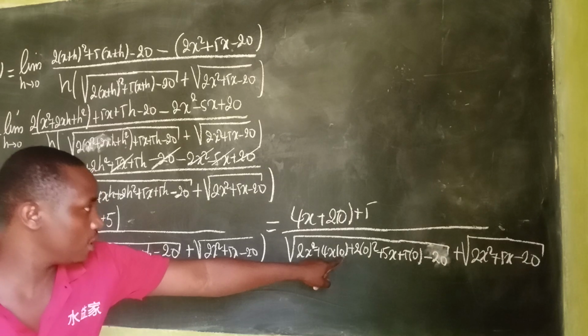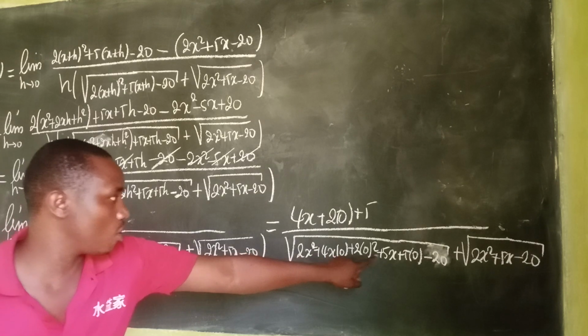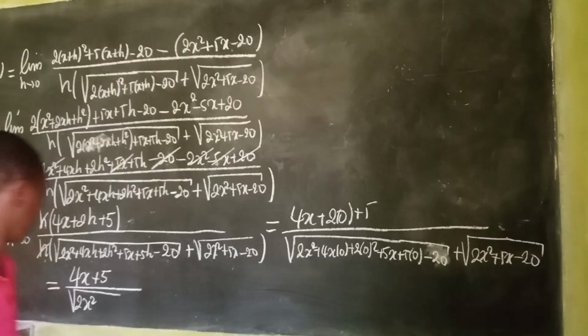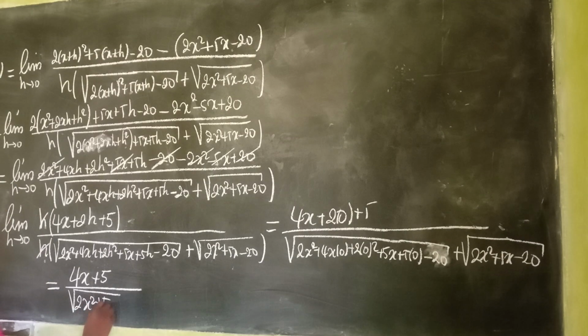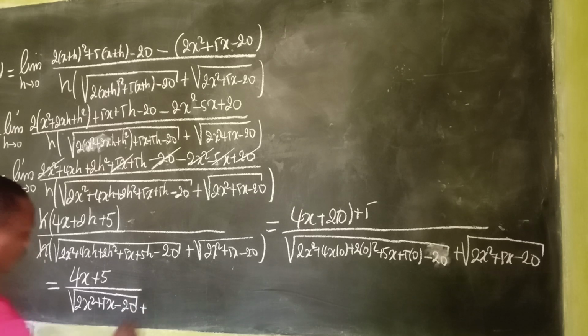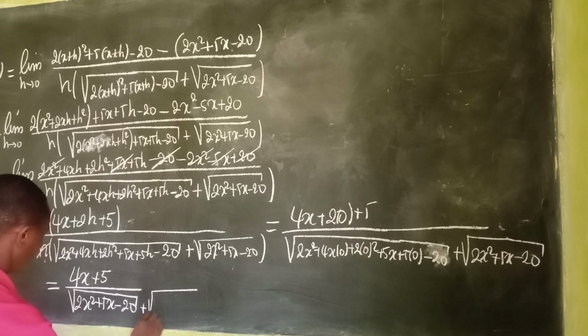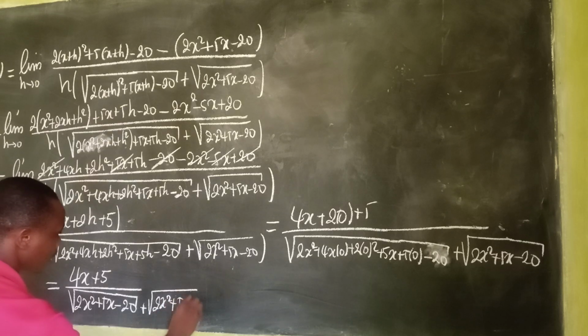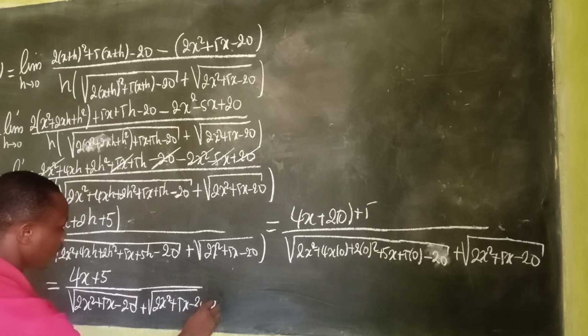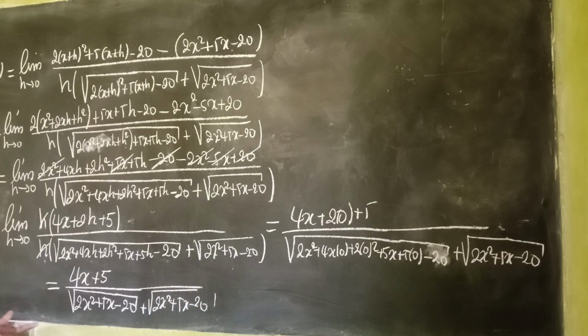This and this will be 0, this is 0, we add 5, plus 5x minus 20 plus the square root of 2x² + 5x − 20, and you see this and this are the same, that's why summing them means to multiply 2 and 1.